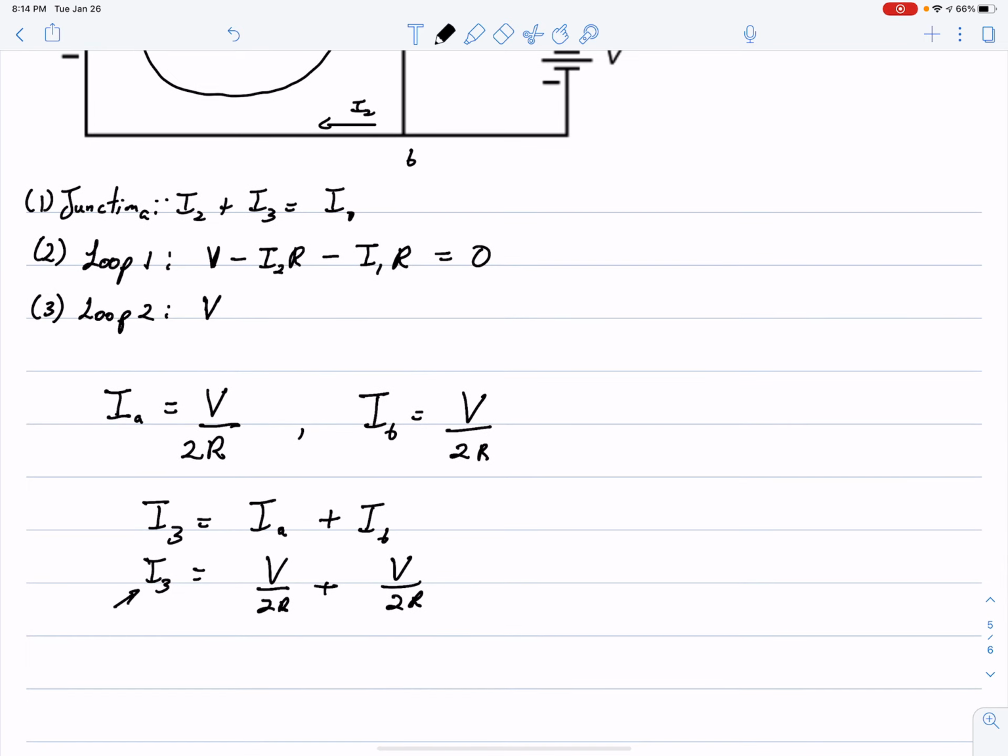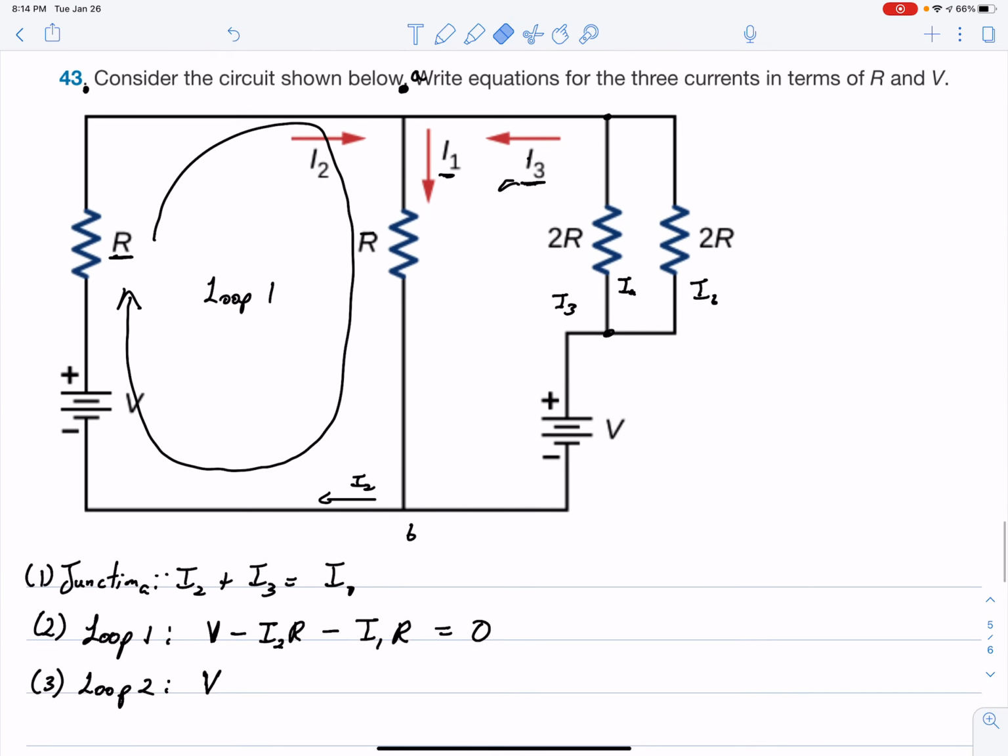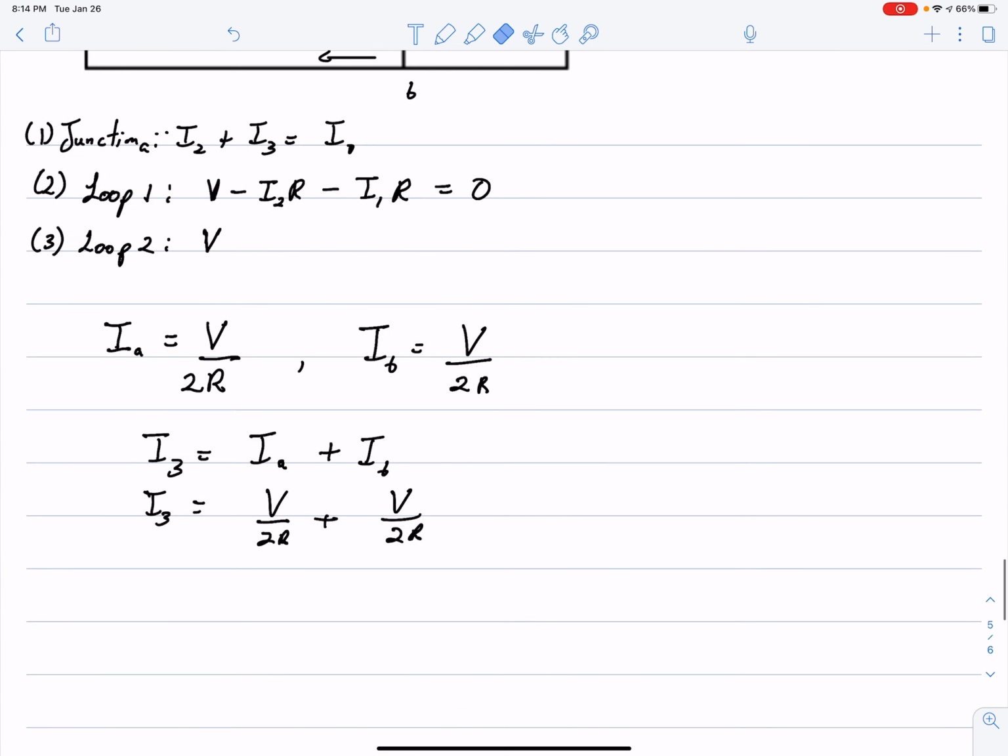I can switch I3 now too, because since voltage is still the same in a parallel circuit, then I3 is the voltage, which is constant, over the overall resistance at the parallel. Okay? So this is basically letting me know the overall resistance that comes out from this circuit that we have here. So this is the circuit that I redrew.